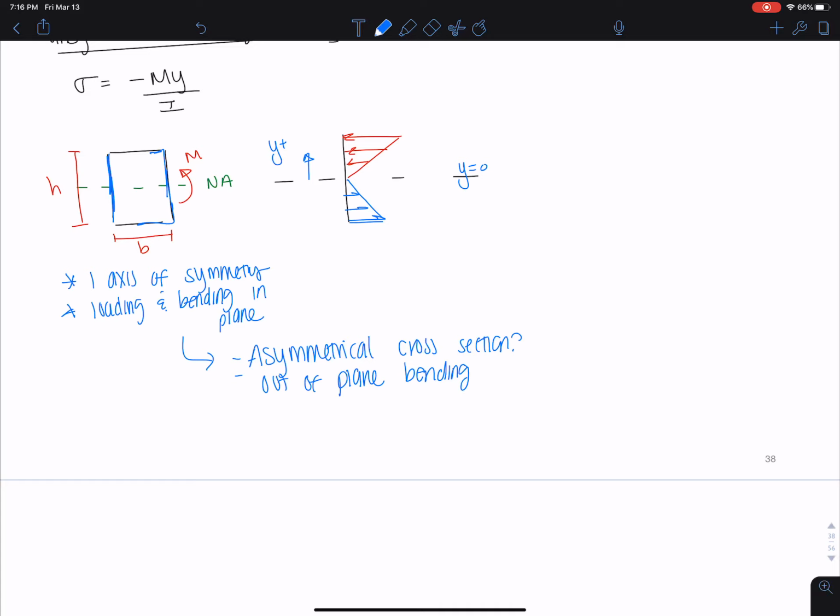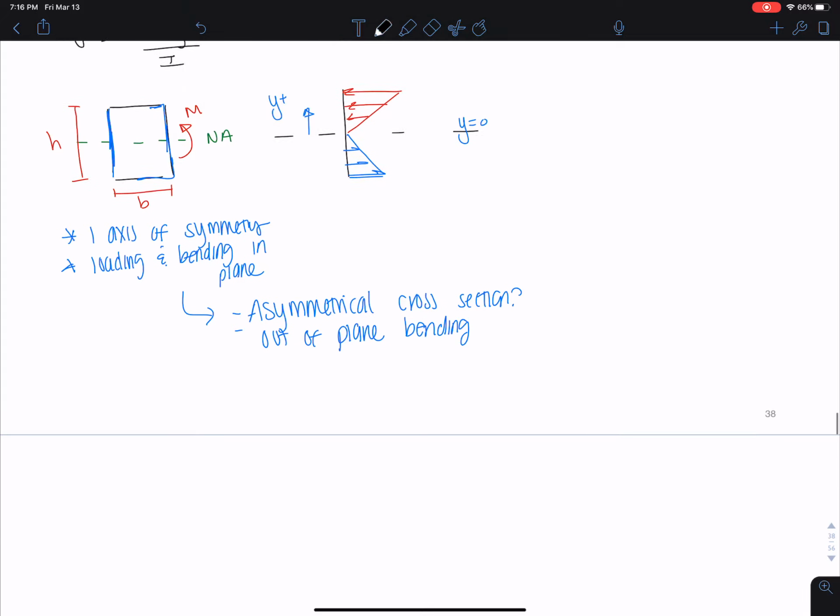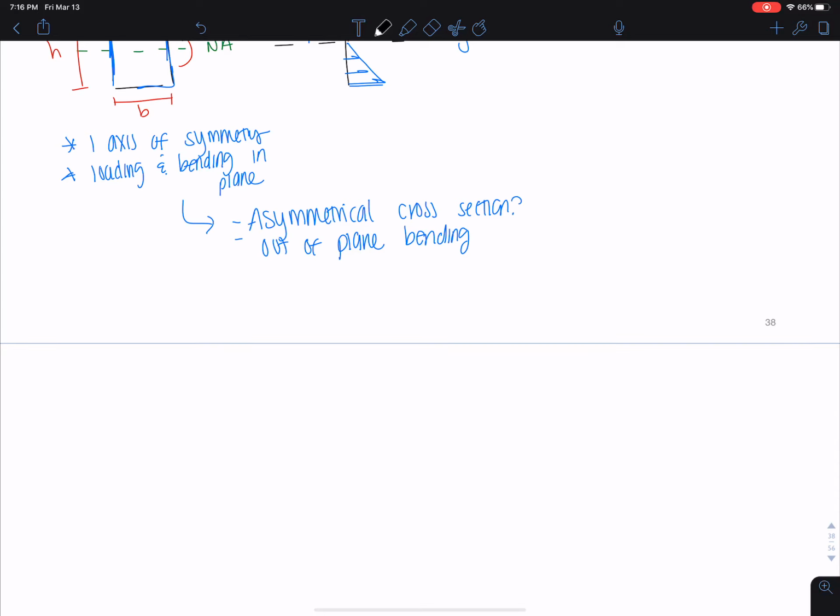Okay, so what we want to do is basically, let's think about an asymmetrical cross section and what that would look like. So I'm going to draw this kind of potato shape over here.